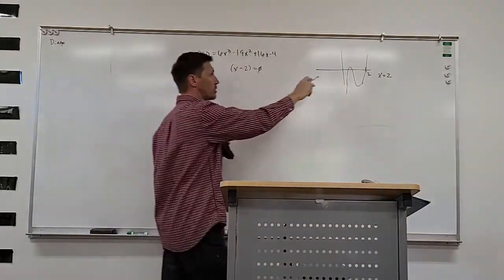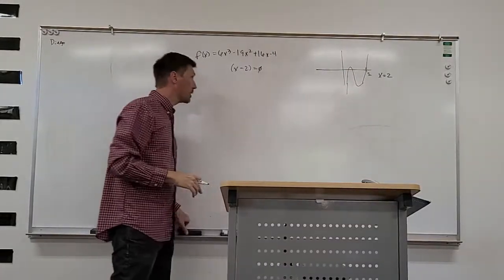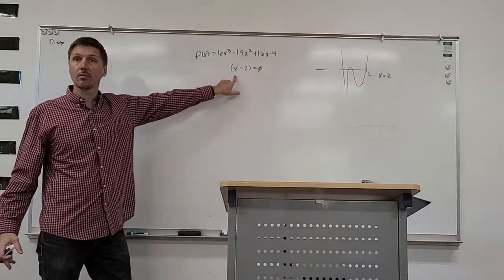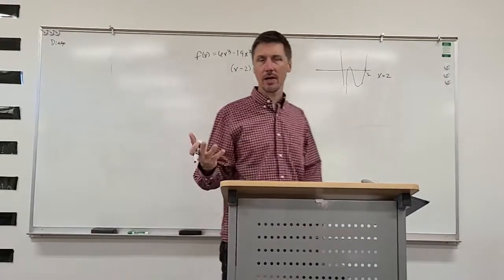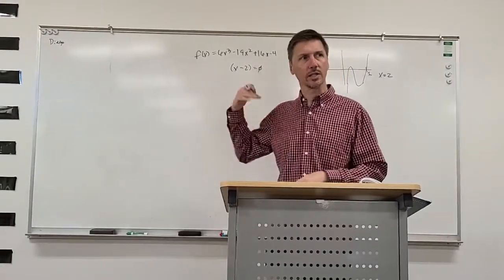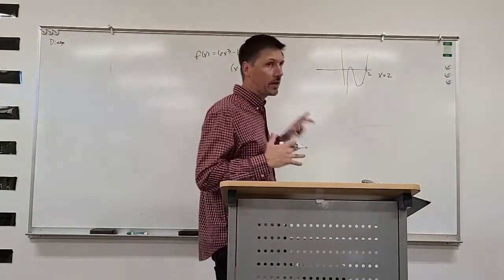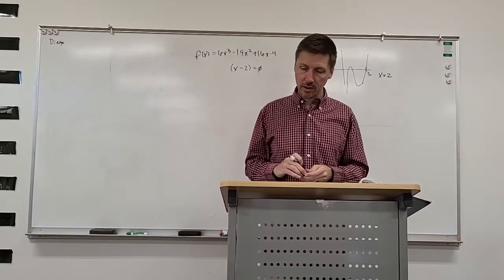So if x equals 2, if that's one of my x-intercepts, then this has got to be one of my factors, right? Does everybody remember that? We talked about that last time, how the zeros, the x-intercepts and this being a factor are all the same thing. They all mean the same thing.